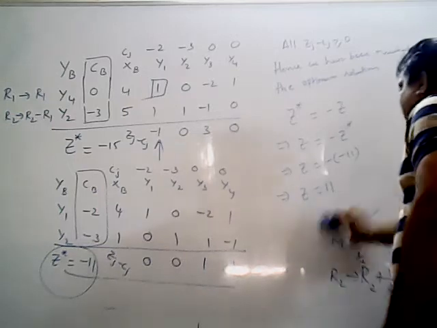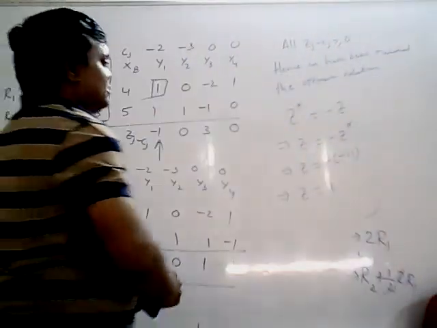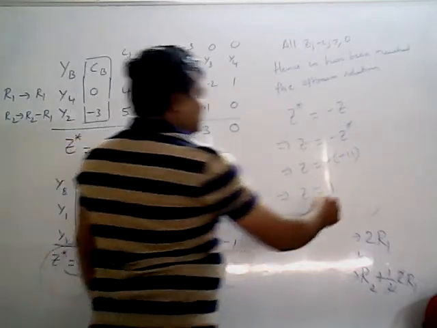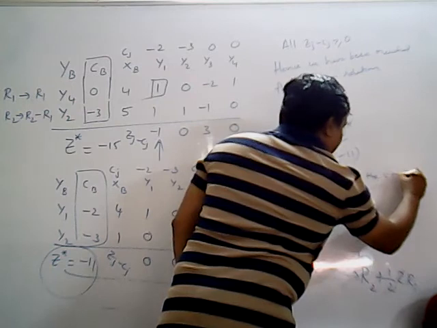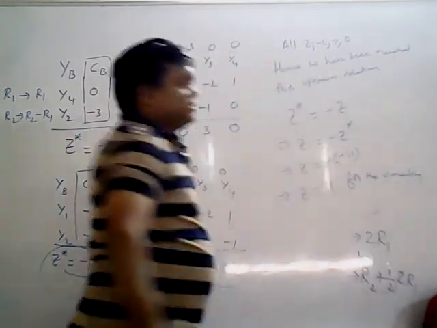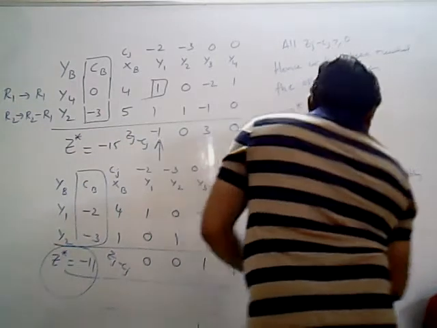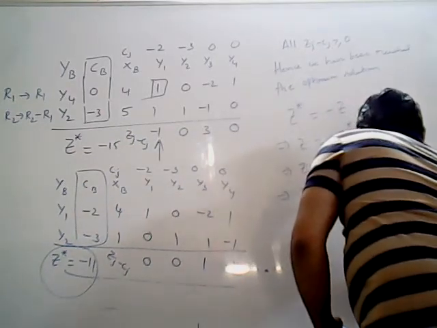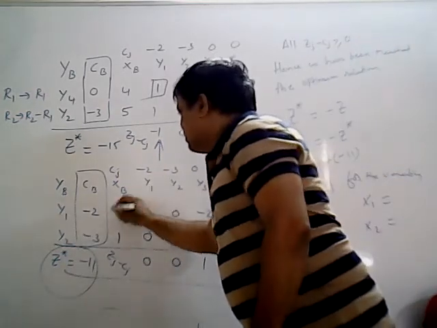Z equals 11 for the variables. What are the variables? X1 and X2, from the original problem. What is the X1 value? 4.